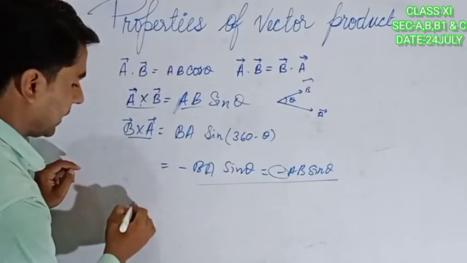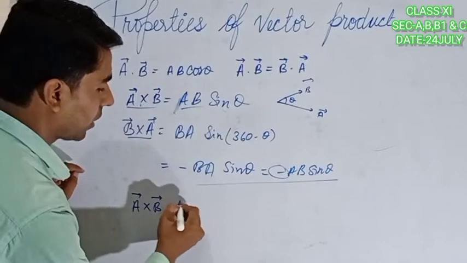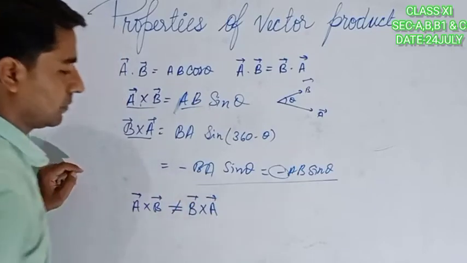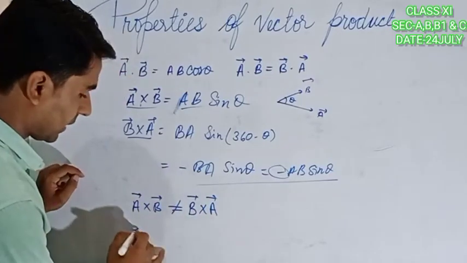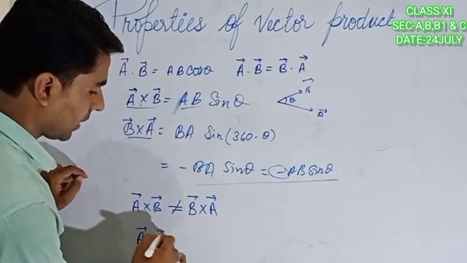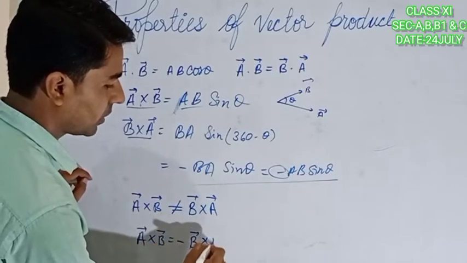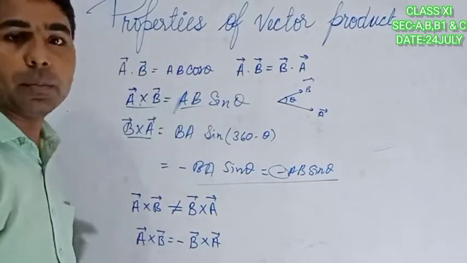First thing, it is very clear that vector A cross vector B is not commutative. Clear? Second thing, we can write vector A cross vector B is equal to minus vector B cross vector A. But in dot product, it was commutative.